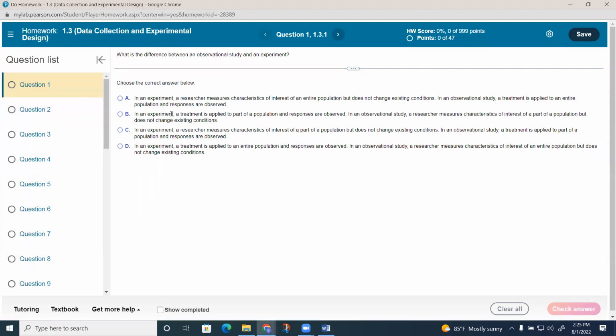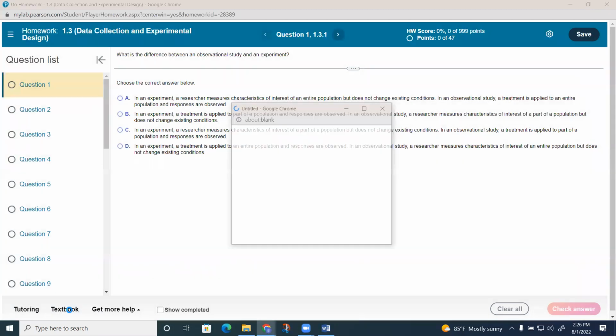So if I have these different questions, and we don't understand the question, like what's the difference between an observational study and an experiment, what you can do is go down to the bottom toolbar, and you can see that you have tutoring, textbook, and get more help. The textbook would be very useful here.